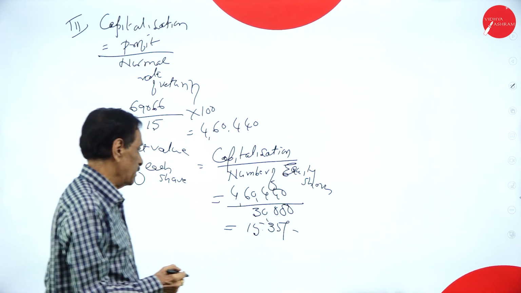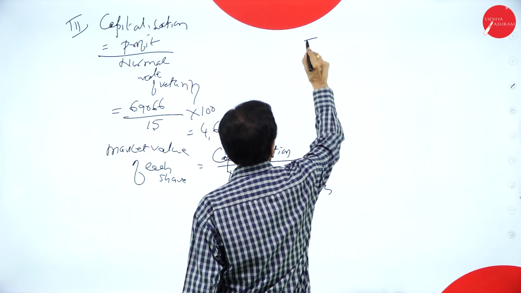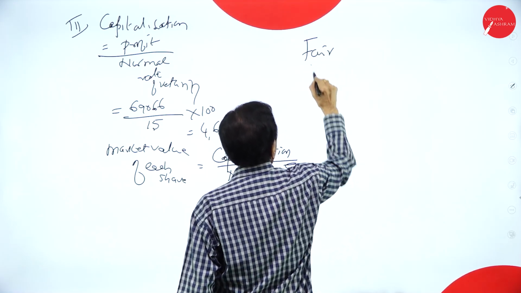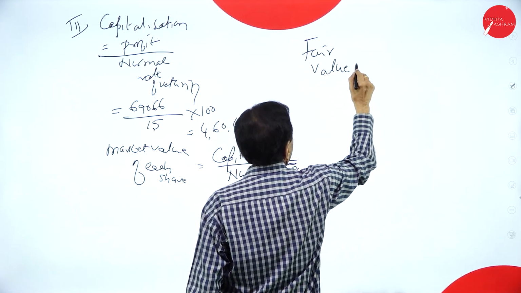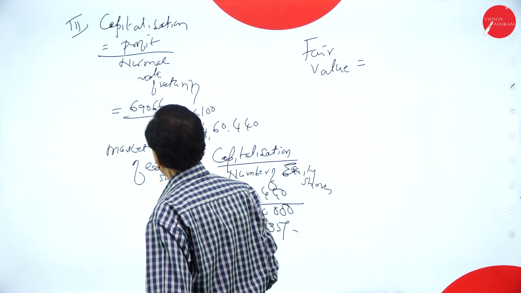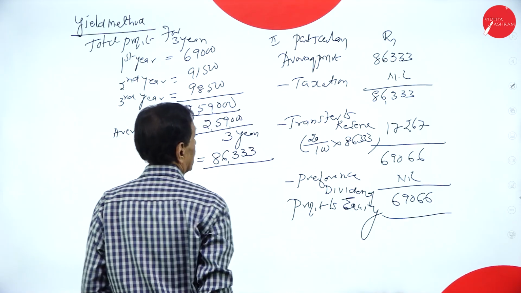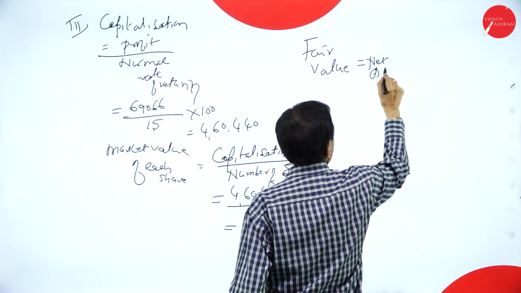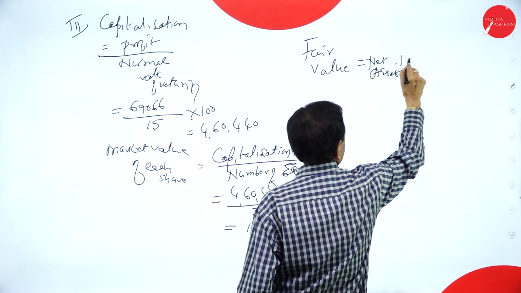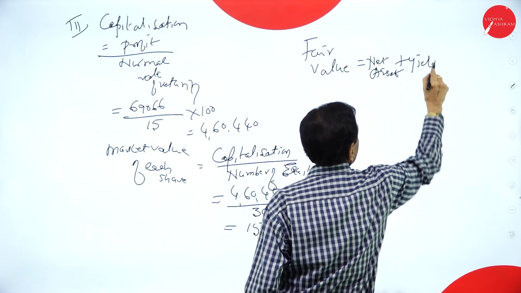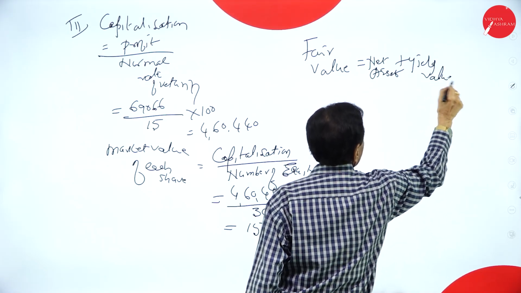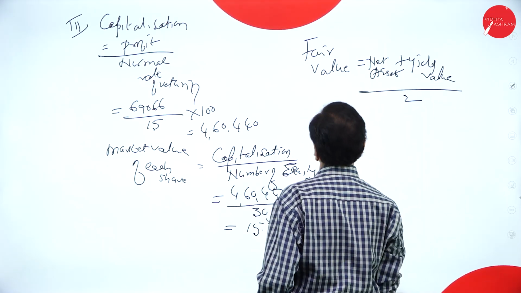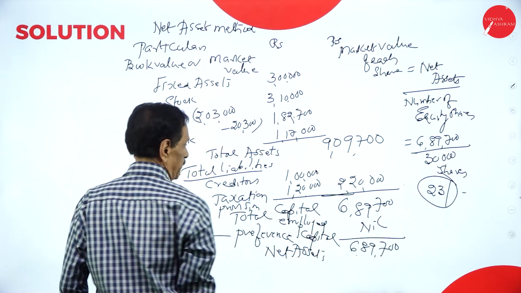So this is as per the yield method. Fair value is the average of the net asset method and the yield value: net asset plus yield value, whole divided by 2. What's your net asset method value?